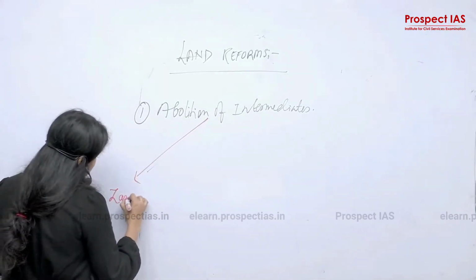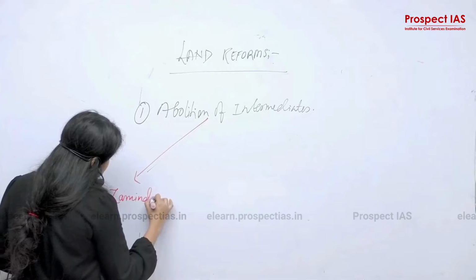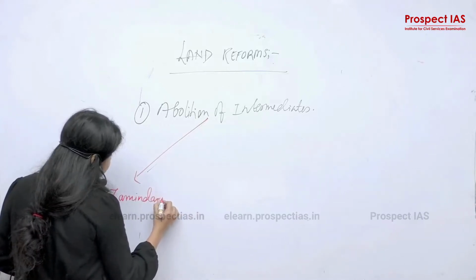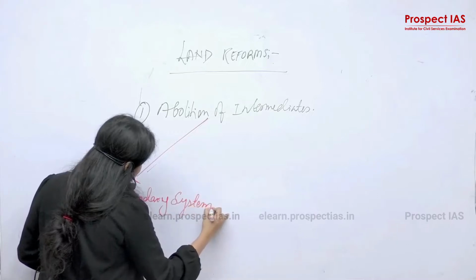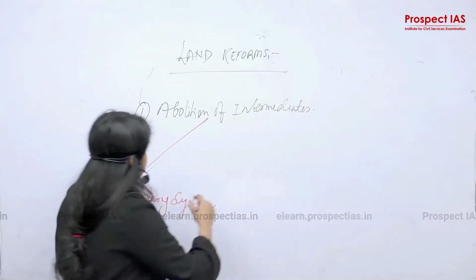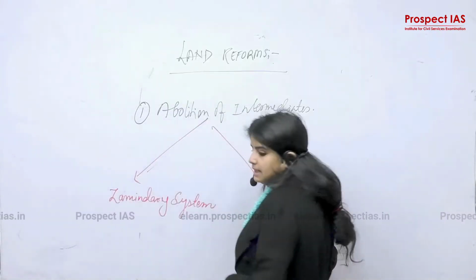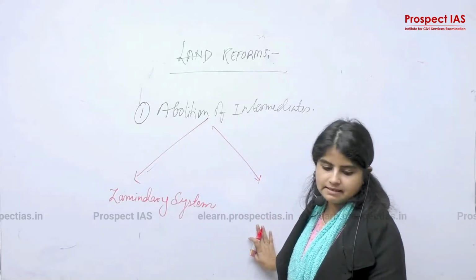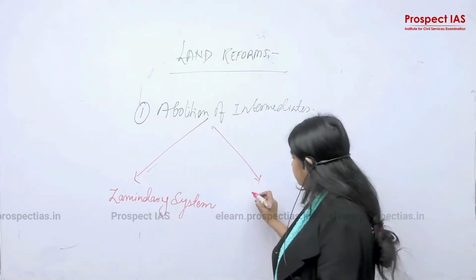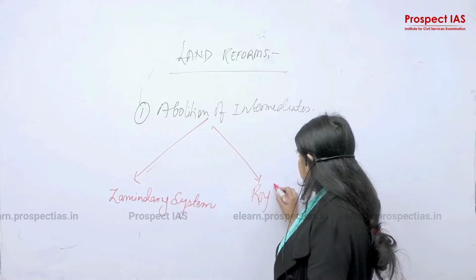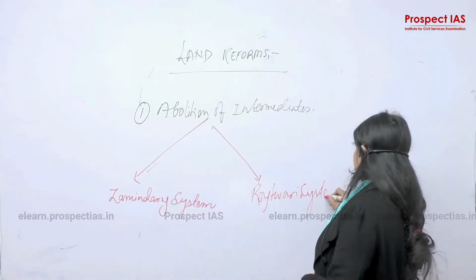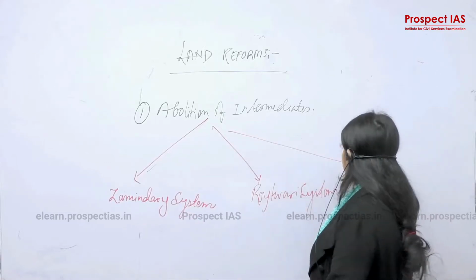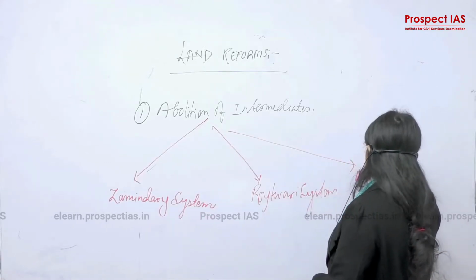The first was the zamindari system in Bengal province. The second was the Raiyatwari system. The third was the Mahalvari system.